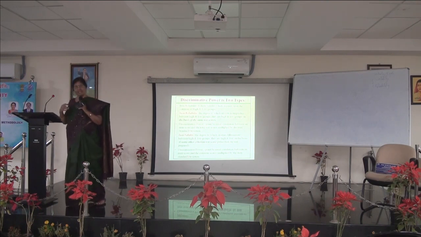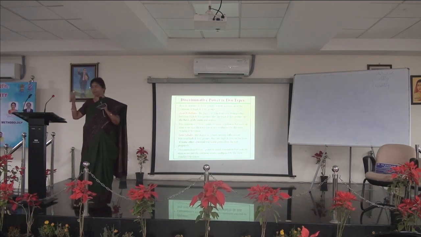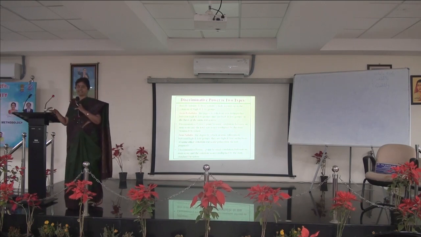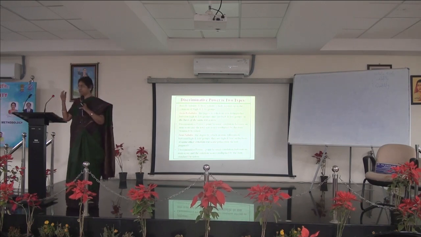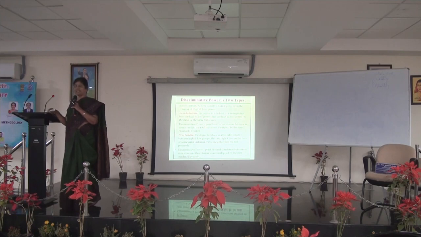If both the variables move in the same direction, it is called positive. If the two variables move in opposite directions, then it is negative. And if one variable is moving and there is no change in the other variable, then there is no correlation.